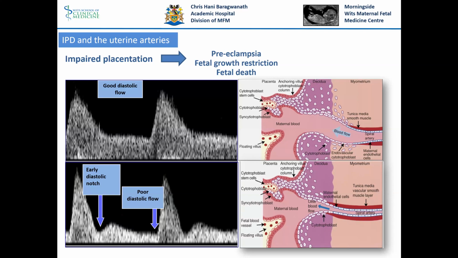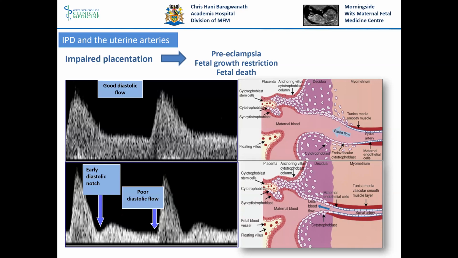But if you see a high resistance system with a notching and a very low or very poor end-diastolic flow, that is a sign that the vasculature did not respond well or adequately to the pregnancy hormones, and this remains a high pressure system.